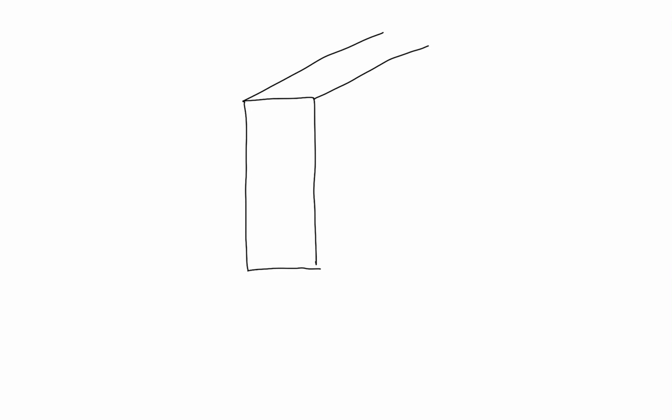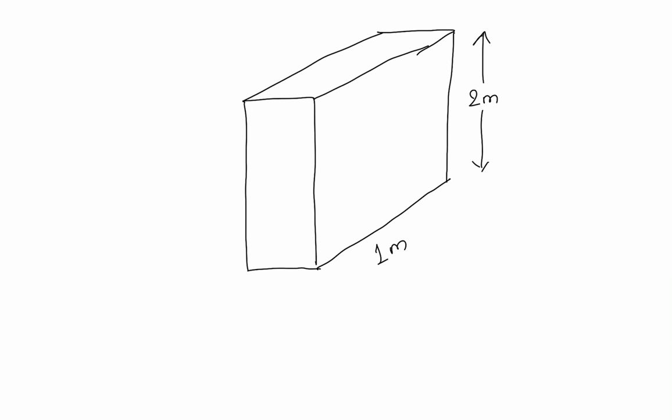So for this problem the schematic would be, this is our glass window. This is 1 meter, this is 2 meters, and the thickness T is 5 millimeters, which comes out to be 0.005 meters.